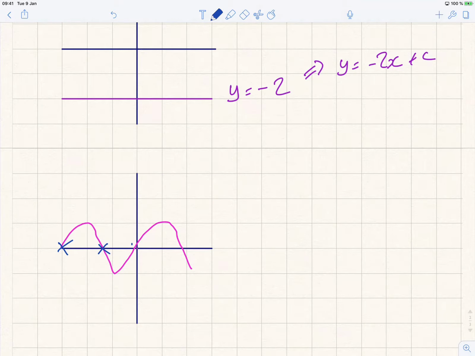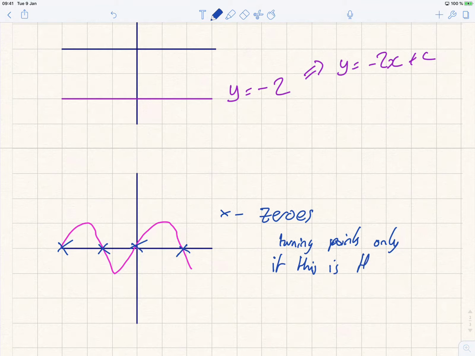We call these the zeros. And if this was the derivative, the zeros are what we call the turning points, only if this is the derivative.